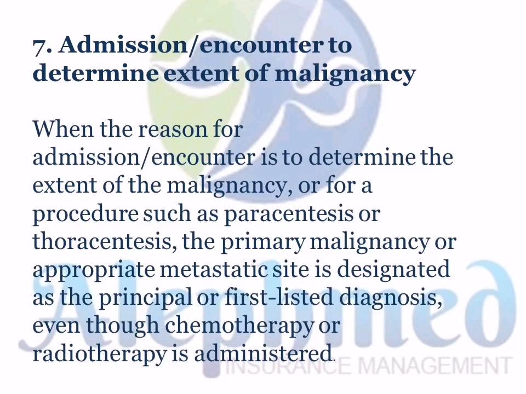We have to determine the extent of malignancy, up to which site the malignant cells are there, or what is the stage of malignancy for the patient. If it is already metastatic and has spread to different parts, then the metastatic site should be designated as a principal diagnosis, and then we put chemotherapy as secondary, then the type of neoplasm, everything.